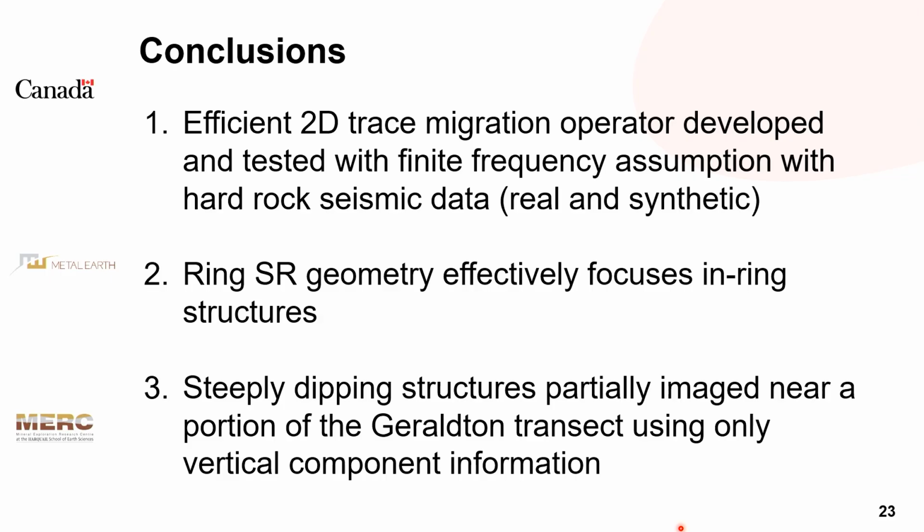It seems to be strongest in areas where there are arcs or bends in our data. So the bends in our transects provide that sort of focusing for structures within those bends. And using that information, we're able to image some parts of steeply dipping structures within there, using only the vertical component information again.